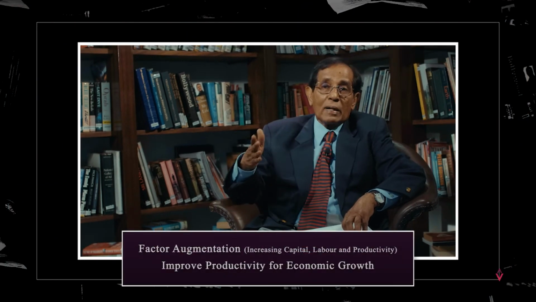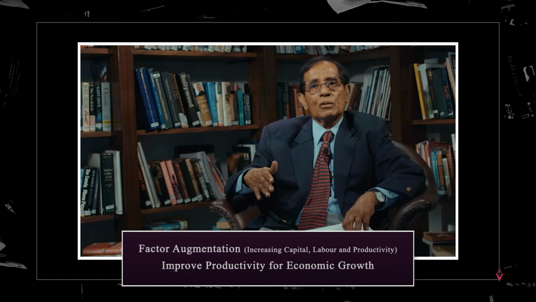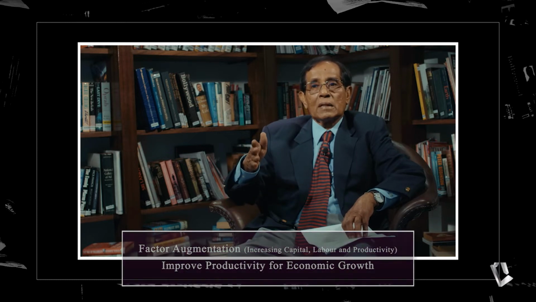To save it, you have to reduce consumption. So nowadays we know it is a mixture of two things. You need the so-called factor augmentation, increasing capital and labor, and at the same time also improving your productivity. If you don't increase productivity, you can't sustain it. Number one. Number two, if you don't have increased productivity, then you can't achieve higher rates of economic growth. So that much we know.